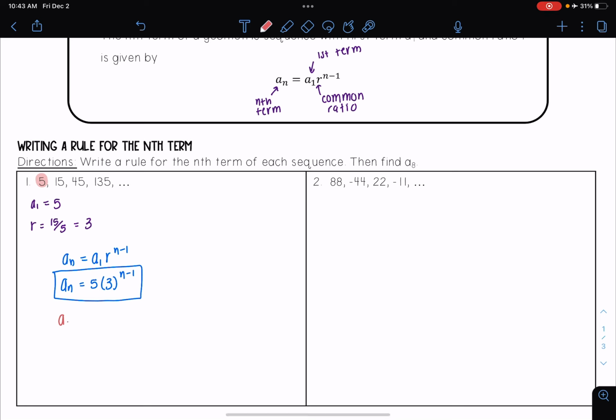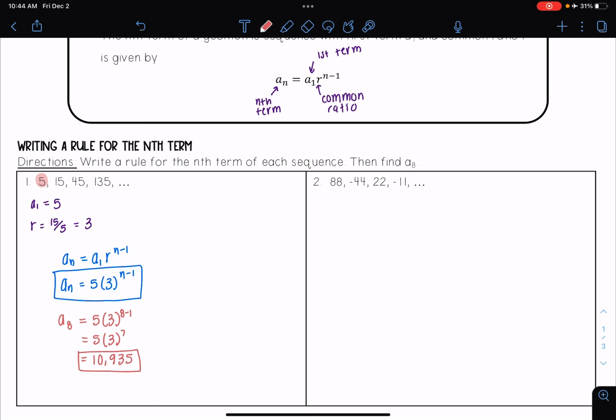To do that, I'm just going to substitute 8 for n in my rule. So now I will have 5 times 3 to the 8 minus 1. Well, 8 minus 1 is 7, so I have 3 to the 7th. When you put that into your calculator, you should get that the 8th term is 10,935.